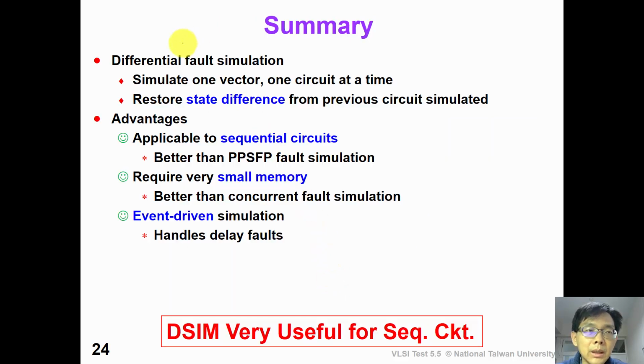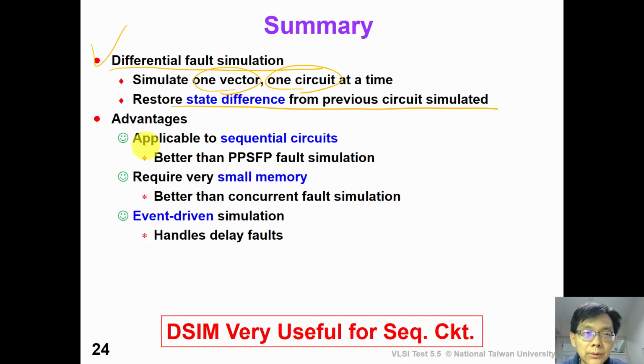In summary, in this talk, we talked about differential fault simulation. It simulates one vector at a time and one circuit at a time. Because we store the state difference for the circuit, we can handle sequential circuits.